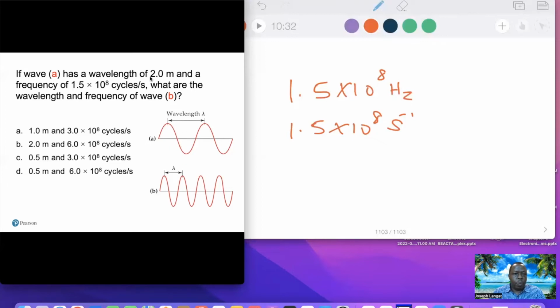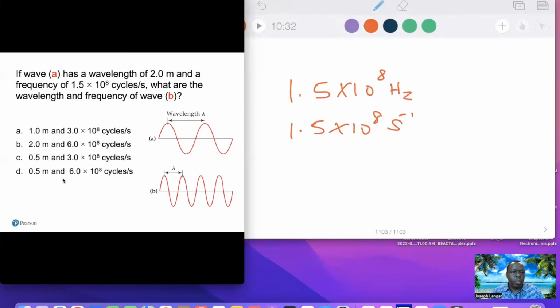So if I know the wavelength to be 2 meters, it makes sense that the wavelength of B is 1 meter. And using the elimination method, it cannot have the same wavelength. Look at this. How can this be the same as that? It cannot be shorter by like 4 times.